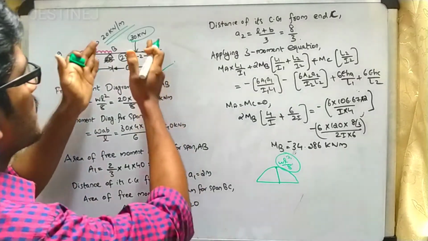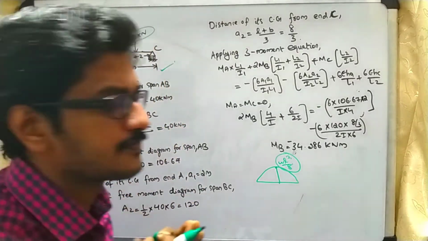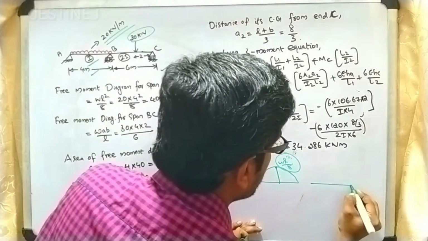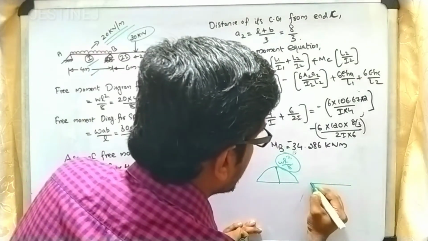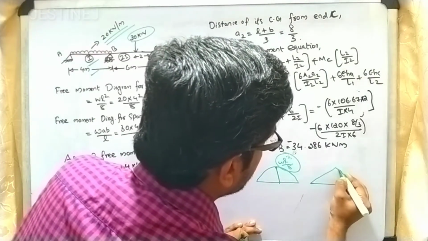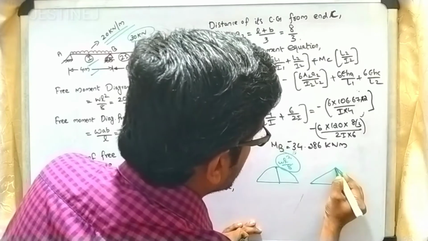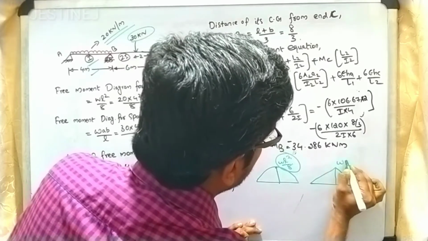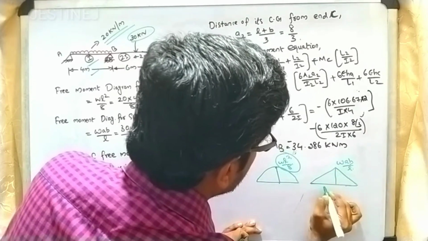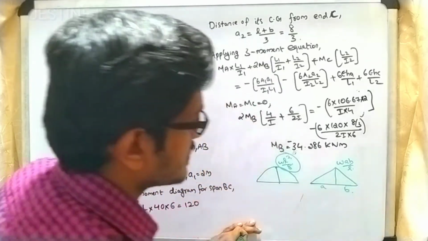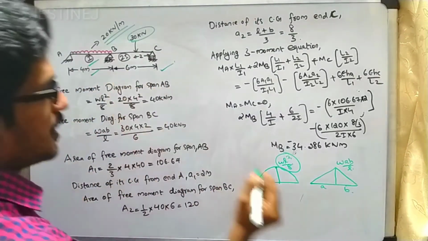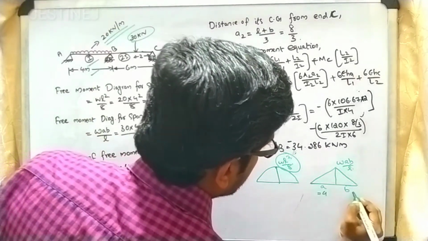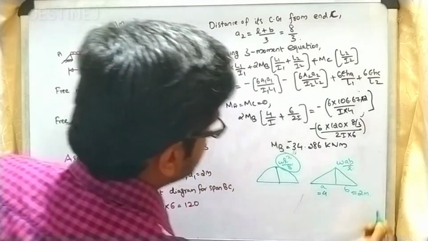For the BC portion, a point load is acting and the bending moment diagram will be triangular, with magnitude W a b by L, where a equals 4 and b equals 2 meter.